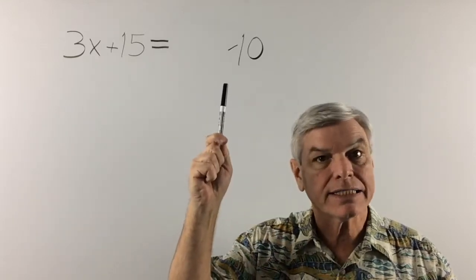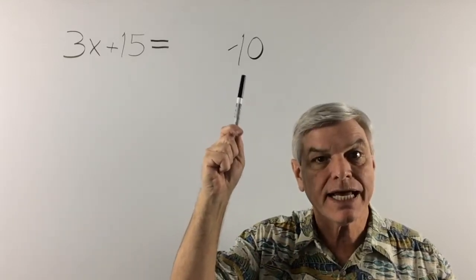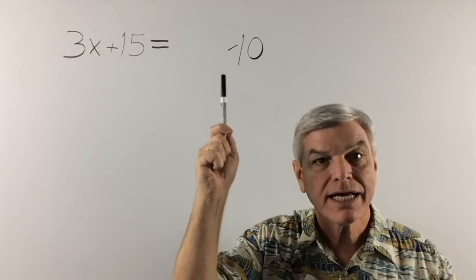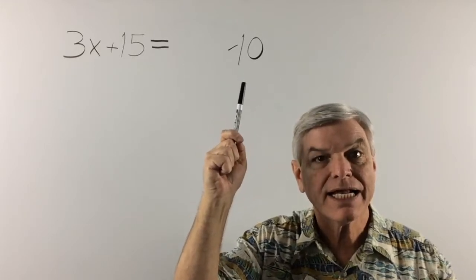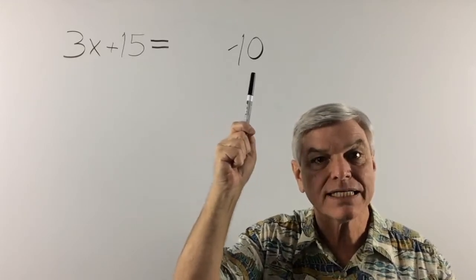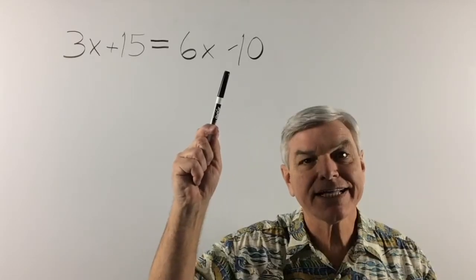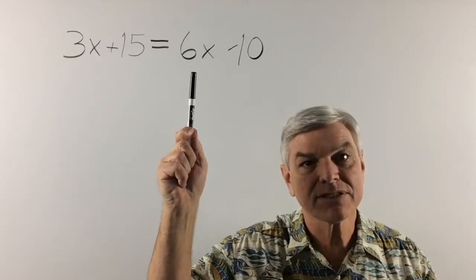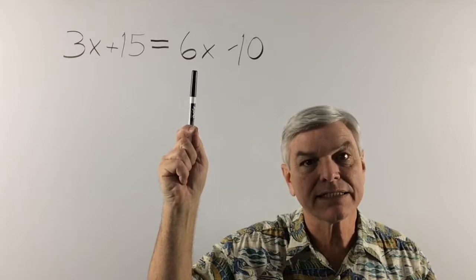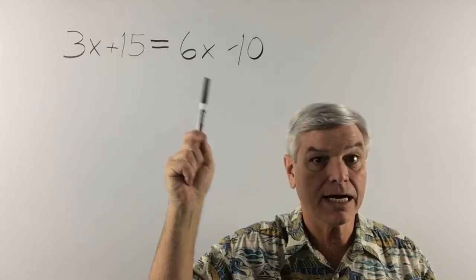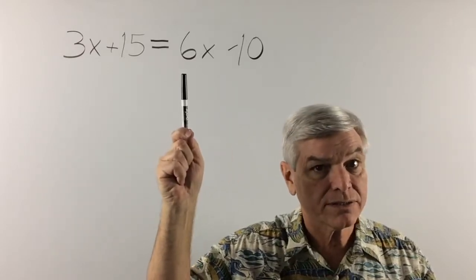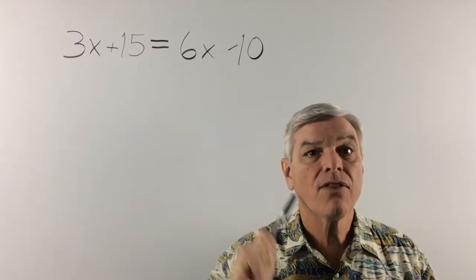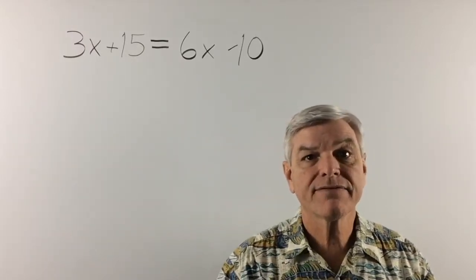So, and it's 10 less. It's not 10 minus, it's minus 10. 10 less is minus 10. 10 less than 6 times a number. 6 times a number is 6x. And as you can hear, I'm building this backwards. So there's our equation. And that's everything we need to know.